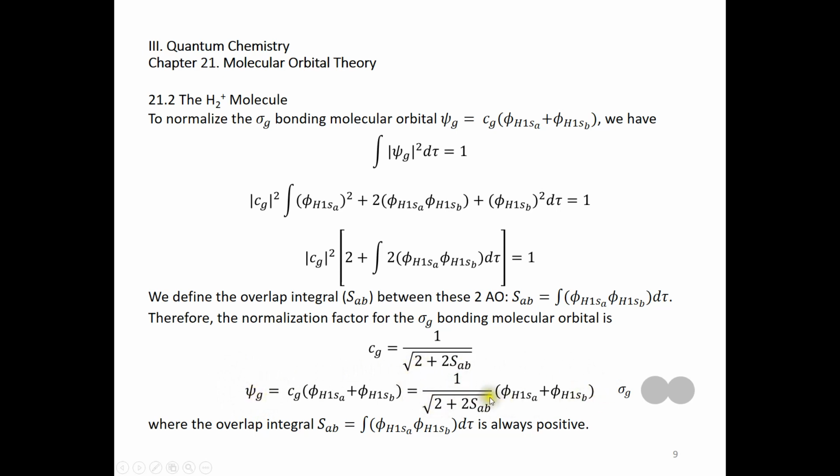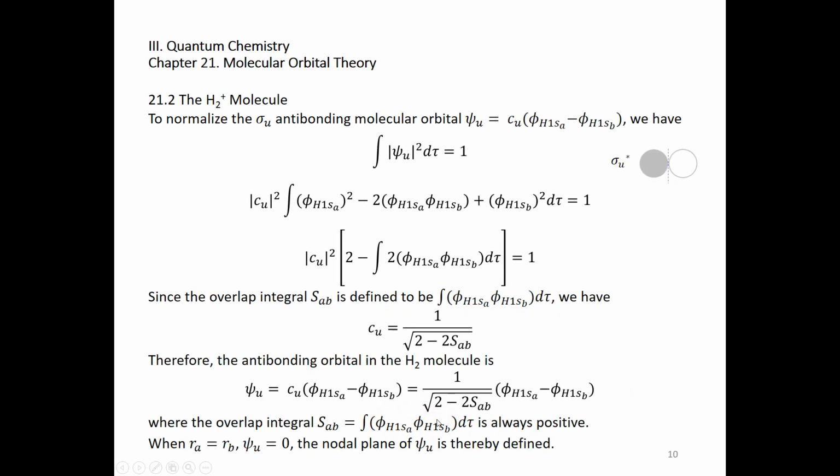You can see this MO with a constructive interference in the middle. We have an overlap between the two atomic orbitals, and this integral S sub AB is called the overlap integral. This integral is always positive, just because this 1sa function is always positive, and this 1sb function is always positive.